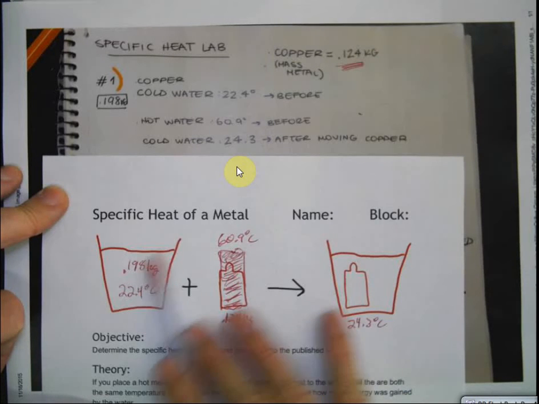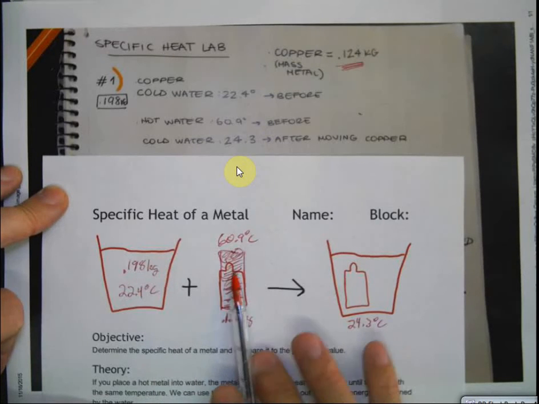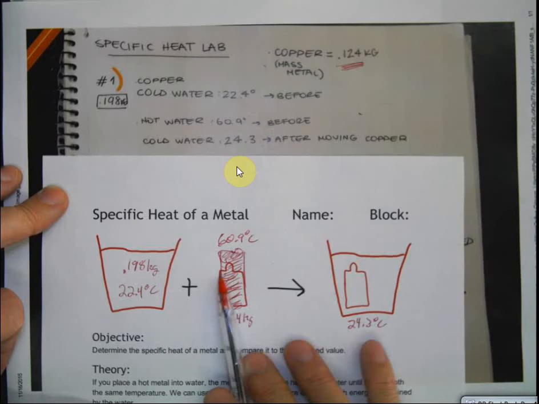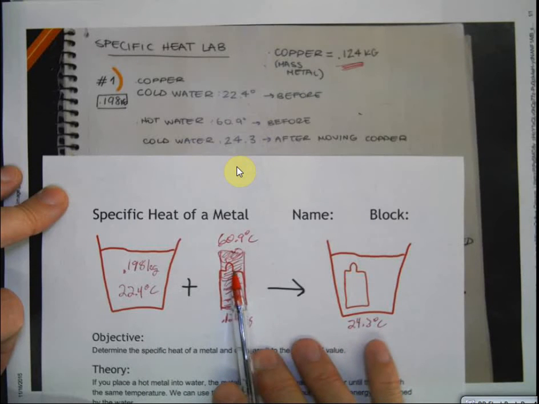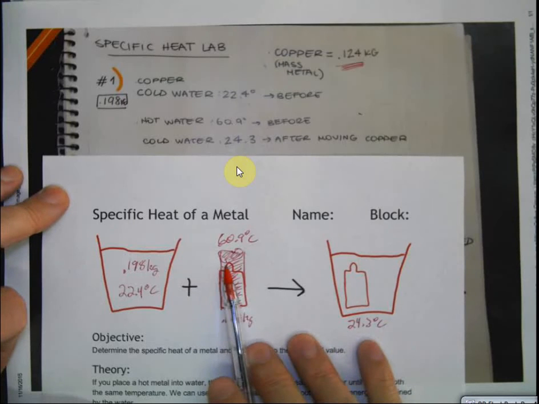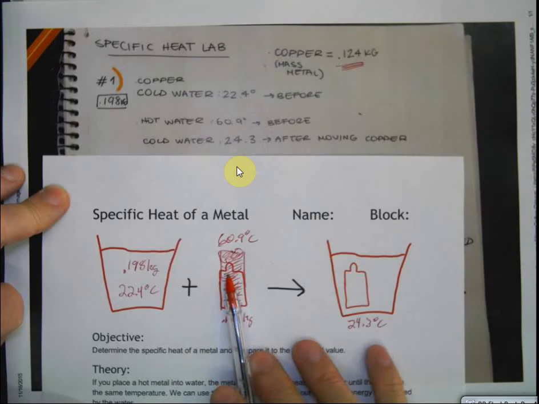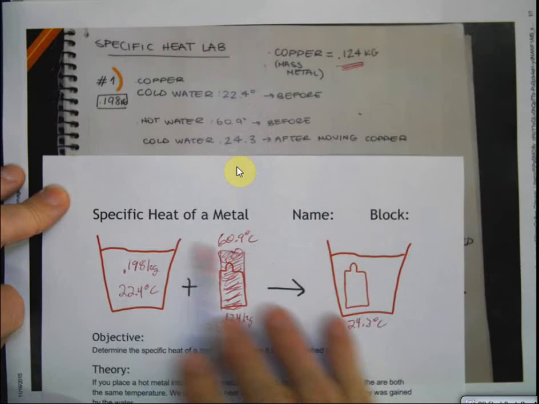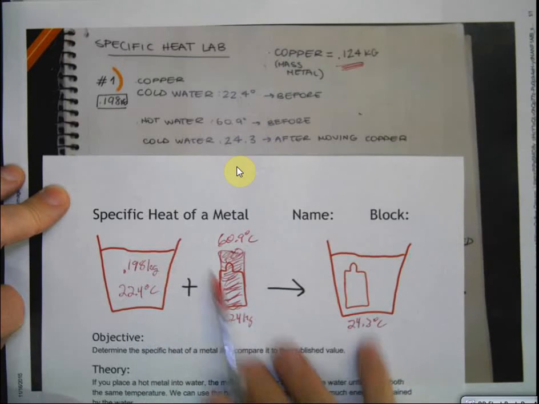So I saw in some of the labs, some people were recording the hot water temperature before and after you put the metal into the hot water. And that doesn't really matter. All we want is the temperature of the hot water as we took the metal out of it, right at the end, in order to use it to place it into the cold water. So don't confuse the hot water bath. We don't really need it.